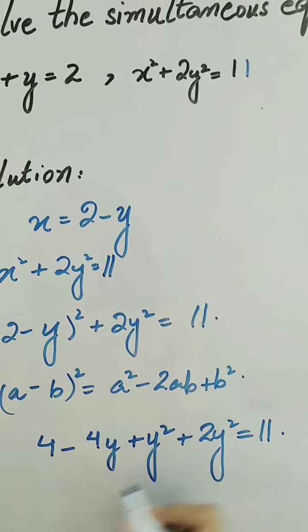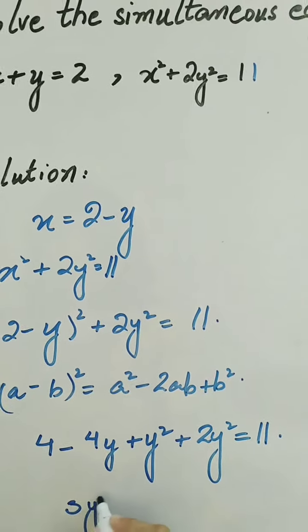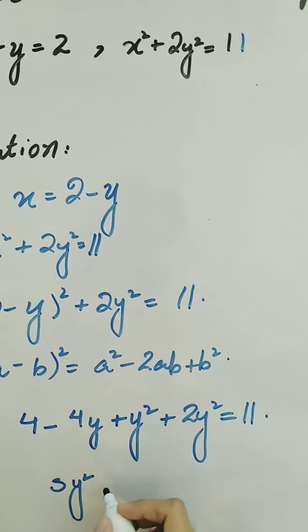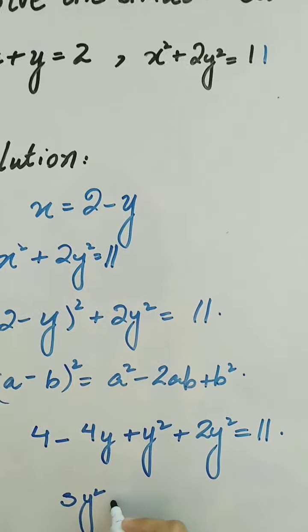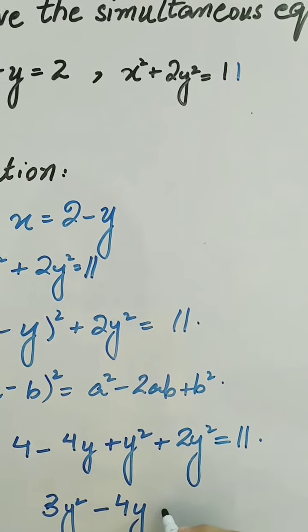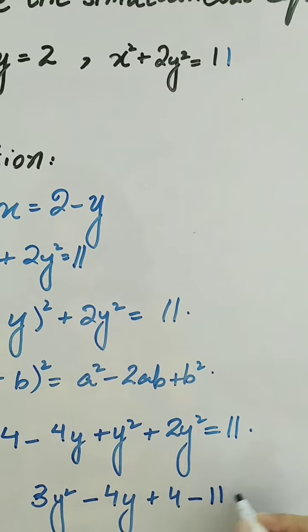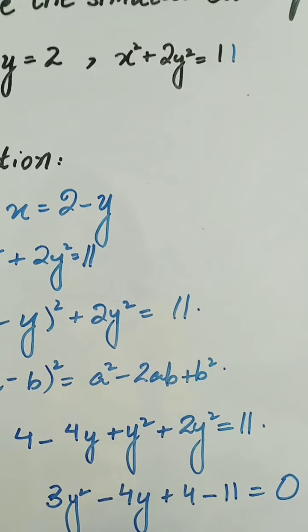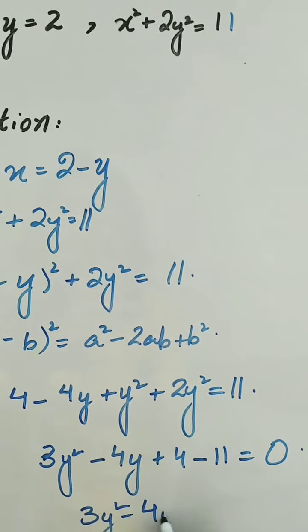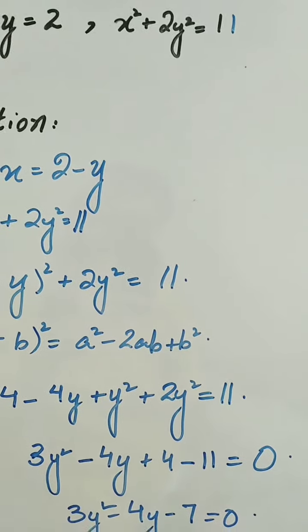Now we have 3y square minus 4y plus 4, and this 11 comes over here and becomes minus. So we have 3y square minus 4y minus 7 is equal to 0.